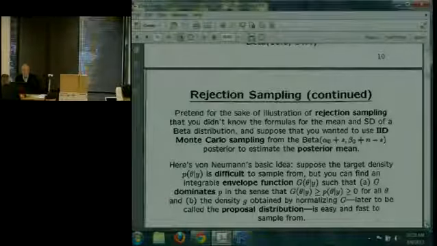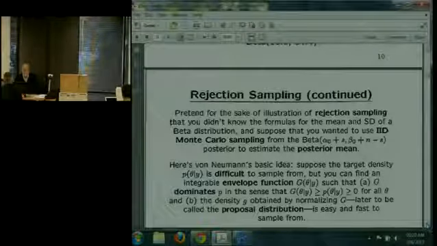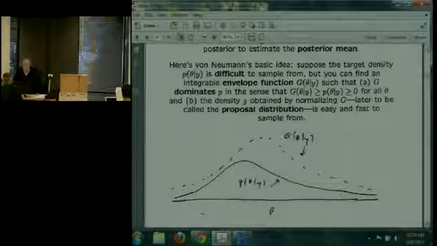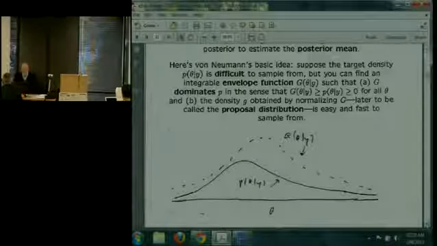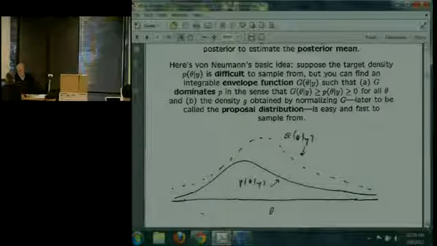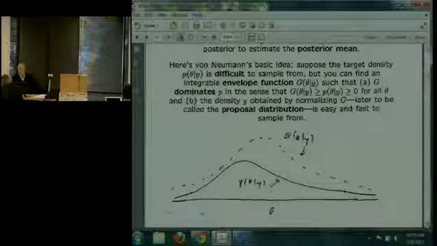And suppose that this is what the picture looked like. The curve in solid there is the actual posterior we're trying to draw from, which for some reason is difficult to draw from. But we can construct one of Mr. von Neumann's envelope functions, capital G, that everywhere dominates lowercase p. You see how it's always at least as high as lowercase p.